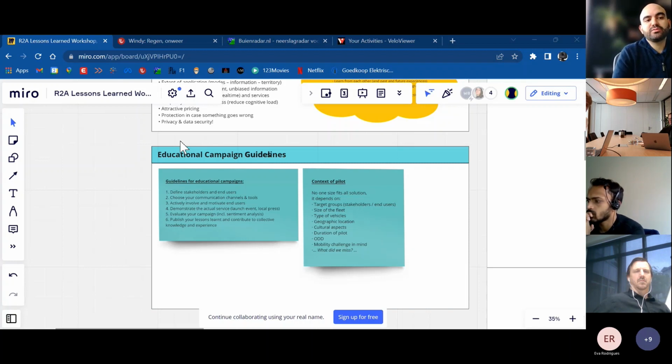Here's how you compare in terms of MaaS integration or public transport integration with other sites. Here are the recommendations. And in relation to what you wanted to test, what your research questions were, there's room for improvement here and here.